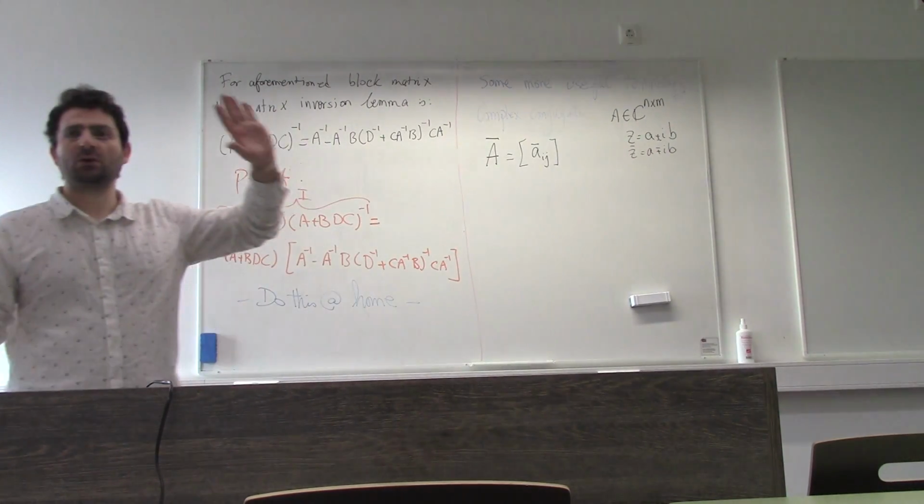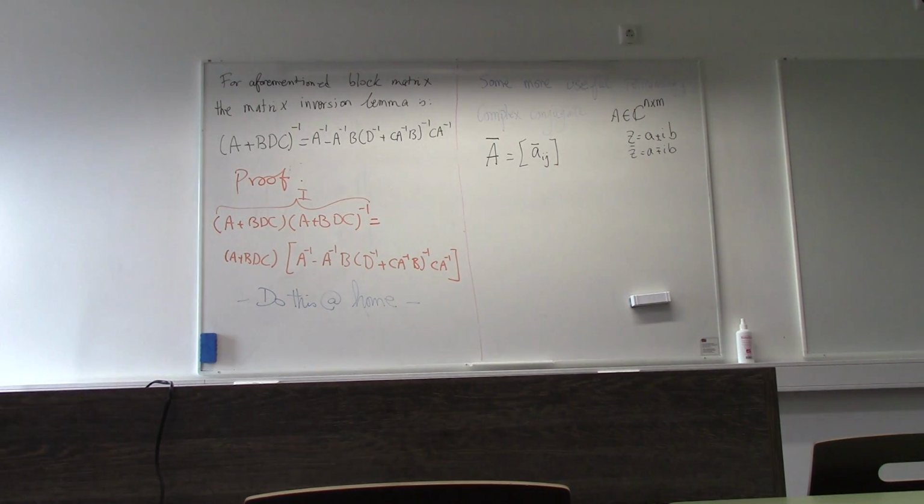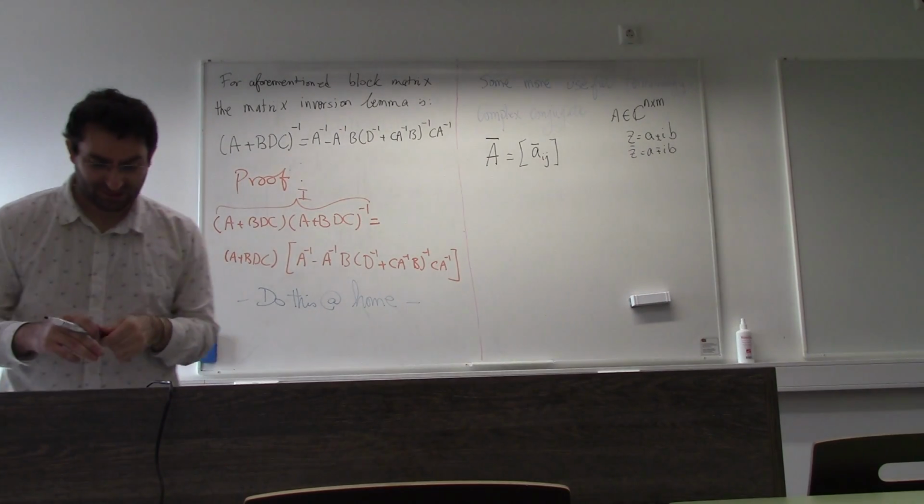Nothing will change on the rows or columns, only the numbers will be conjugated. What is the conjugate of 2 minus I? 2 plus I. What is the conjugate of 5.3? 5.3, because a real number's conjugate is itself and conjugate only affects the imaginary part.